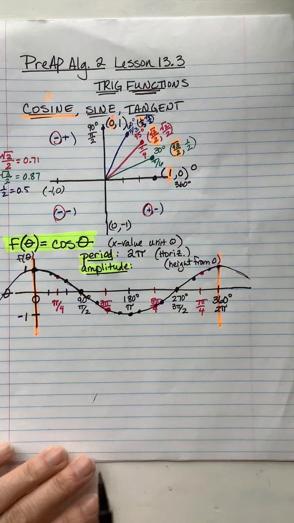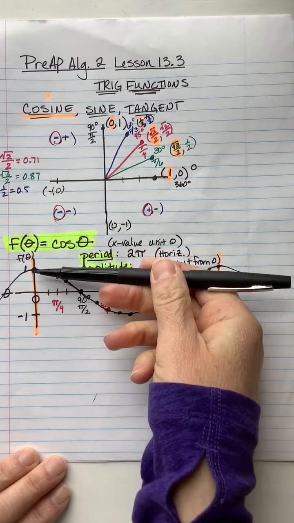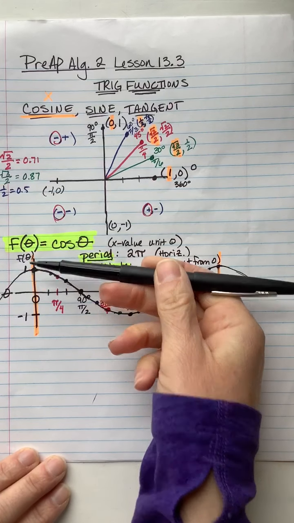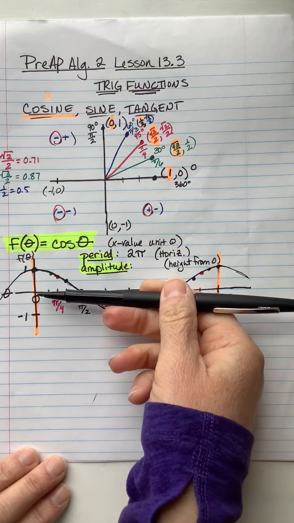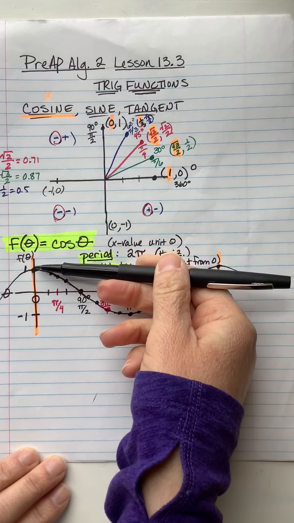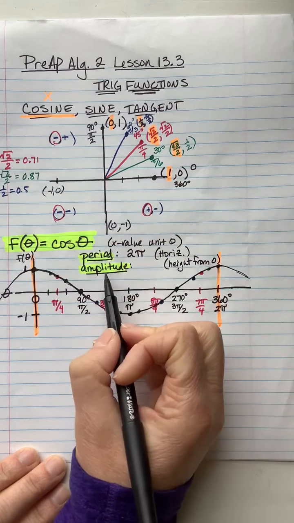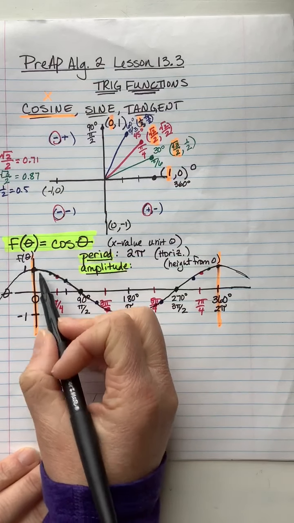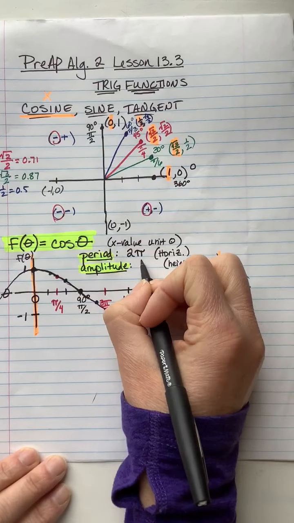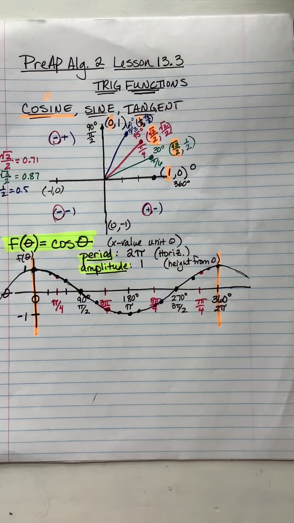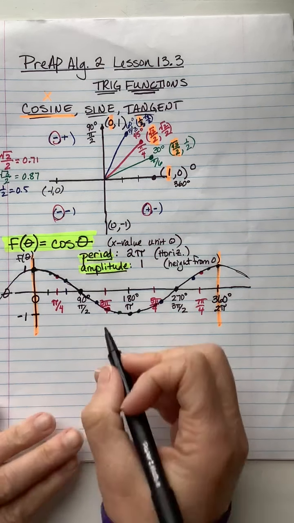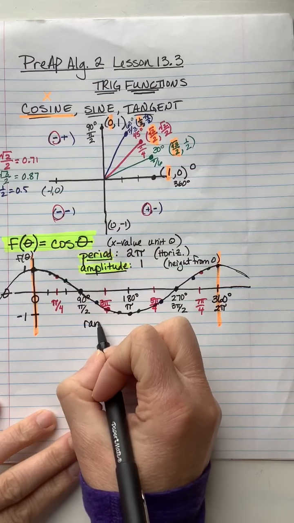When we talk about the height of the wave, we're only talking about how tall that wave is, the vertical distance traveled between 0, or the midline, and the uppermost part of the wave. So for this parent function, the wave is 1 unit in terms of amplitude.